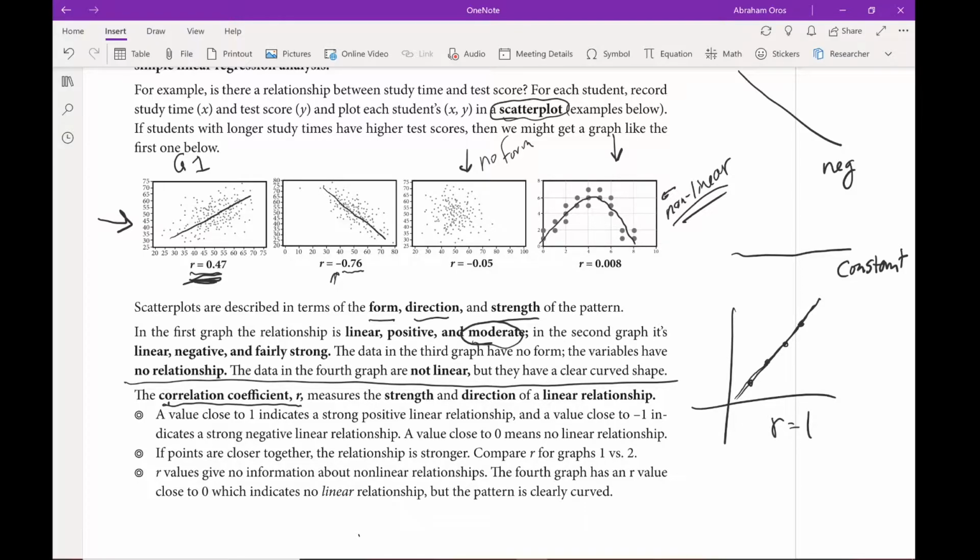This one here is close to 0, which means there is no linear form there, and one that is exactly on the line is equal to 1. You'll see that in these sentences here: a value close to 1 indicates a strong positive linear relationship, a value close to -1 indicates a strong negative linear relationship, and a value close to 0 means no linear relationship. Exactly what I just said. Cool.